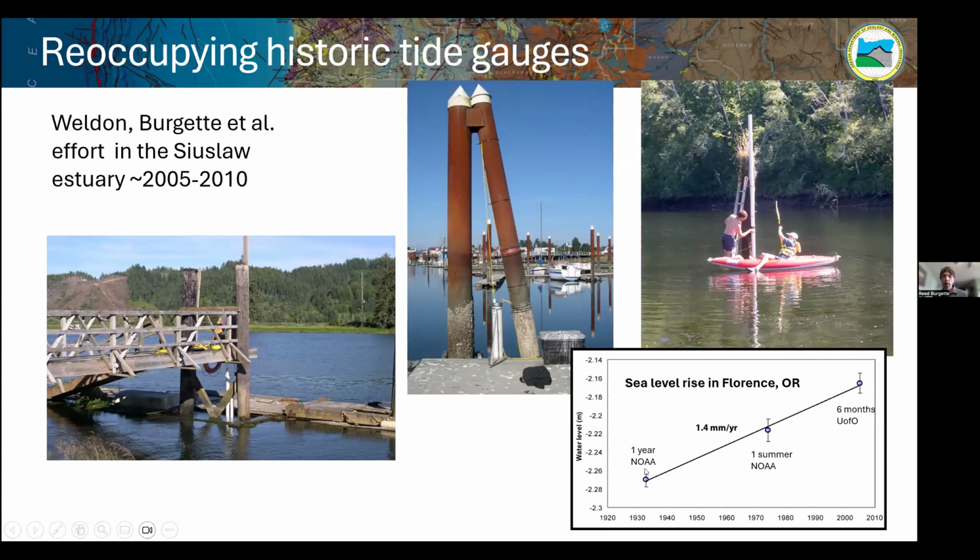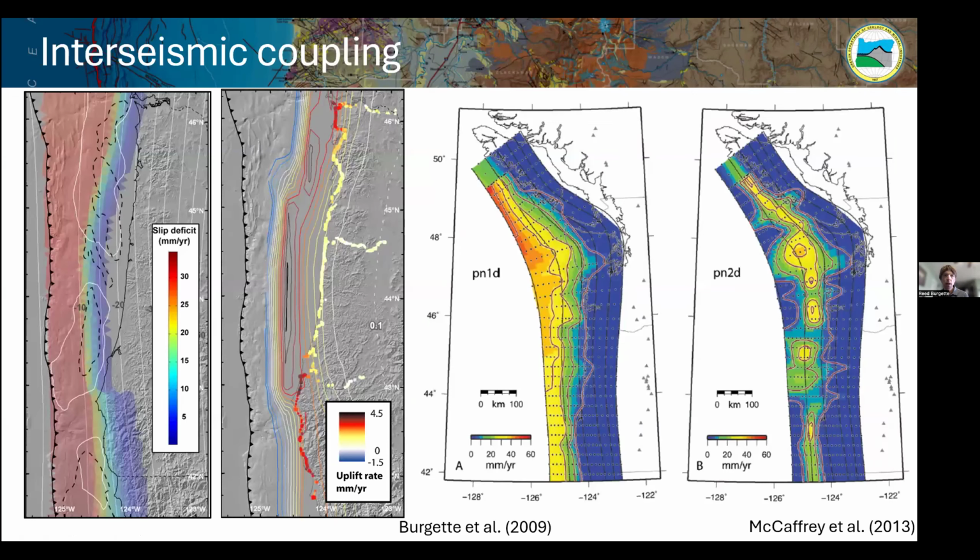And so at Florence, Oregon, for example, at the Siuslaw estuary, there was a year of data collected in the 30s, a month in the 70s, and then we went back in the late 2000s and installed our own tide gauges at the same locations, recovered the benchmarks, and were able to tie our modern observations in and start to work towards getting time series of relative sea level rise and vertical deformation at some additional sites. So I think there's a lot of promise for more of that kind of work in the future.